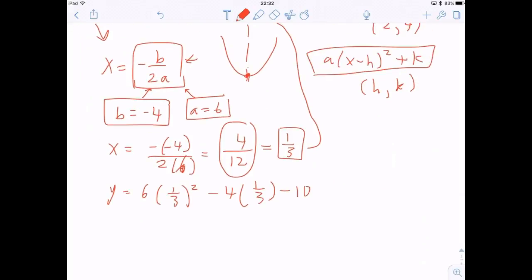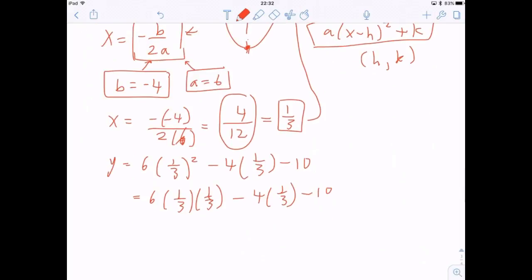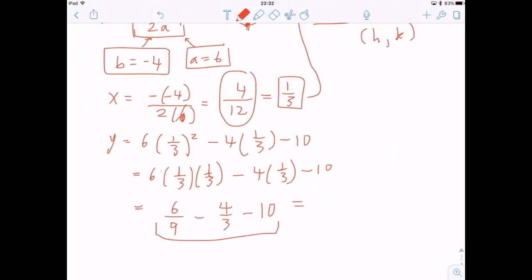And then, just to make the algebra a little easier, this isn't even algebra, it's just calculation, but I know that people have some trouble with it. So it's going to be 6 divided by 9. 6 times 1 times 1 is 6, 3 times 3 on the denominator is 9. Minus 4 over 3, minus 10. You might have trouble adding these together, but if you get to this point, that's pretty good.